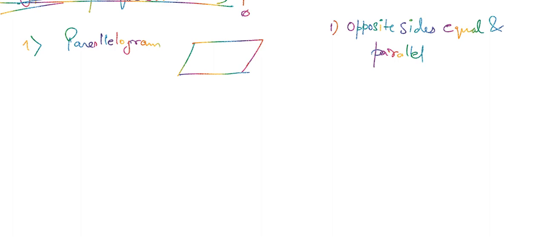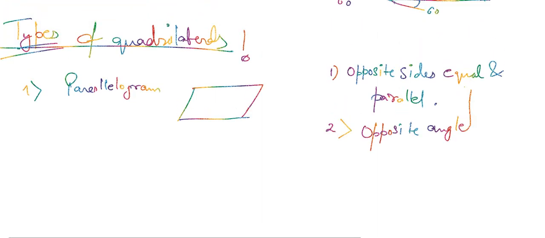My second property is about opposite angles: opposite angles are equal, and the diagonals bisect one another.